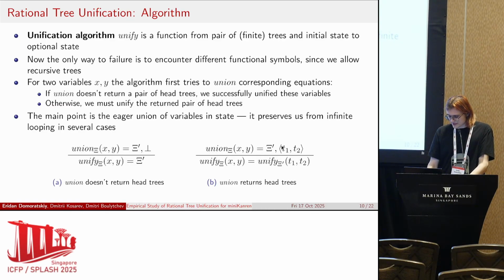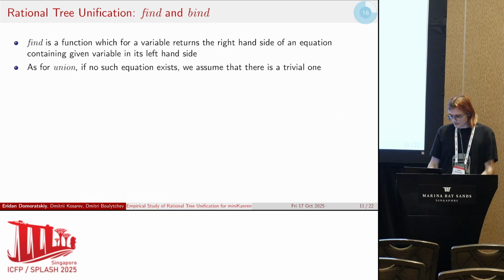And if it returned a pair of right-hand sides, we need to just unify them. So the main point here is that we firstly union variables, and next we unify their right-hand sides, unlike the conventional unification algorithm.